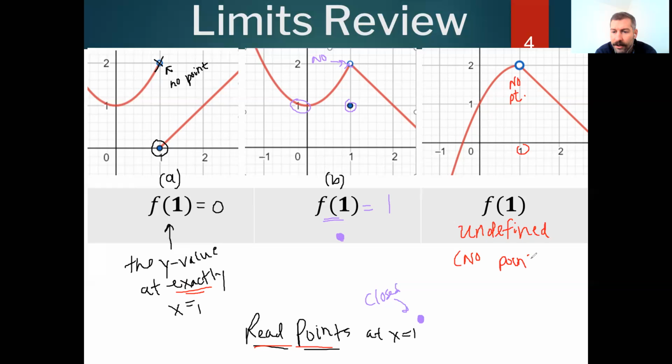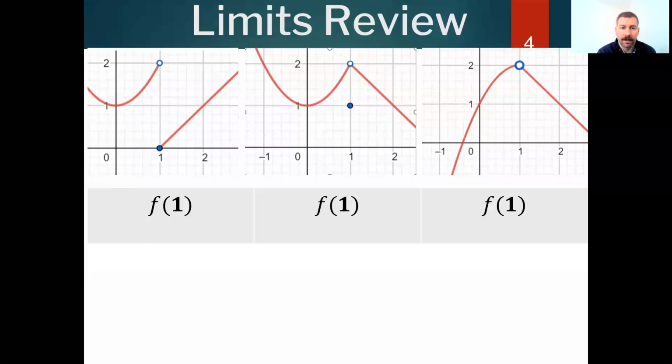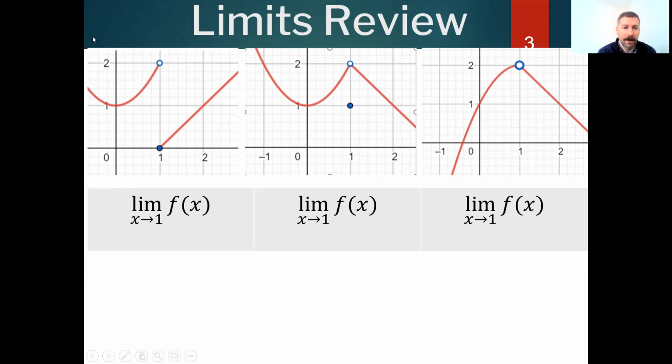So a very clear distinction here is between those last problems with limits. We wanted to look to see where those limits meet, where the left and the right are getting to the same point. We didn't care about the circle. And now with these, all we do care about is the type of circle or point. We're looking for those closed circles and the y values of those closed circles. So a huge distinction between limits, and I keep repeating myself because this is how I organize my thoughts.